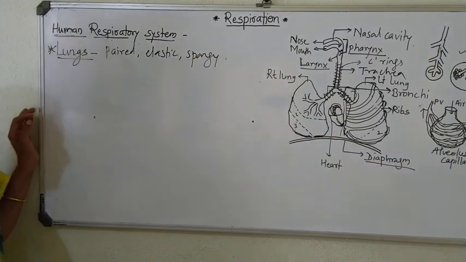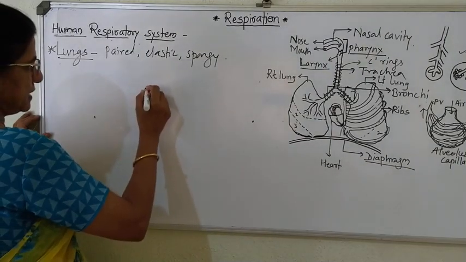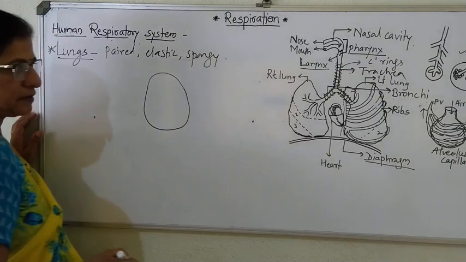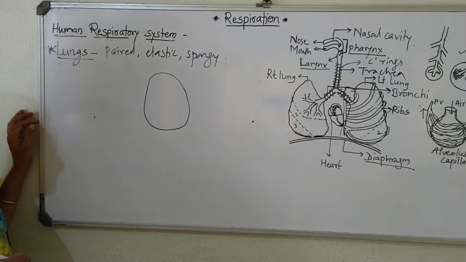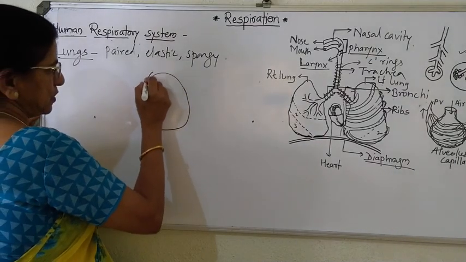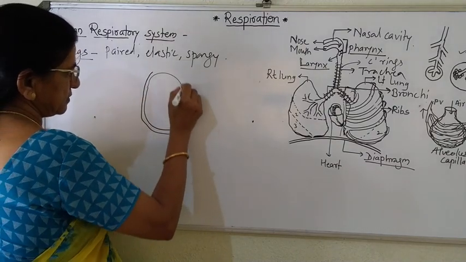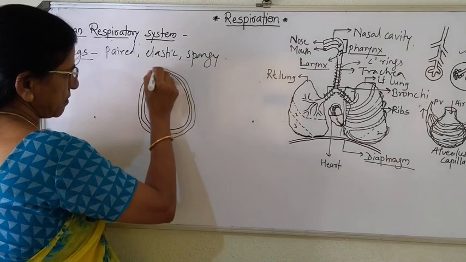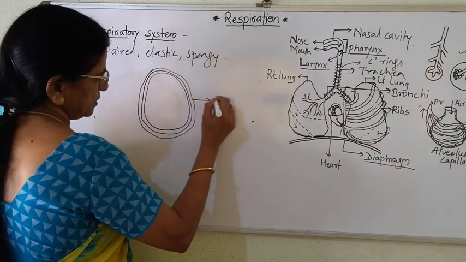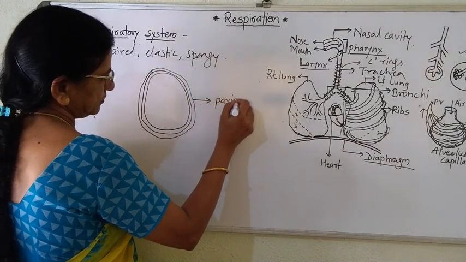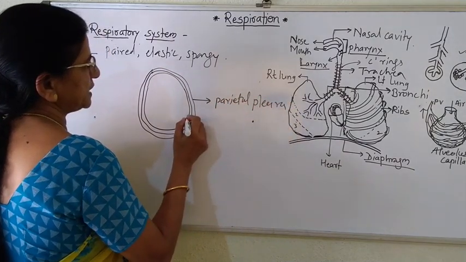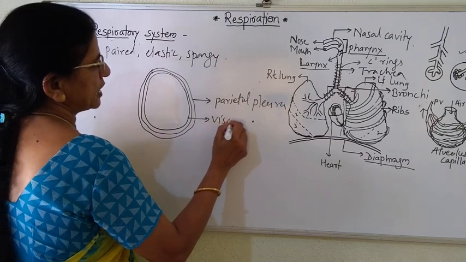Now these lungs, suppose that this is one lung. This lung is provided with two protective layers known as pleural layers. This is parietal pleura. This one is visceral pleura.